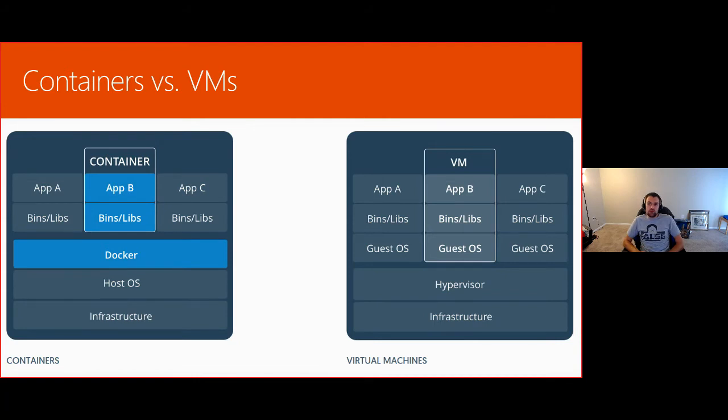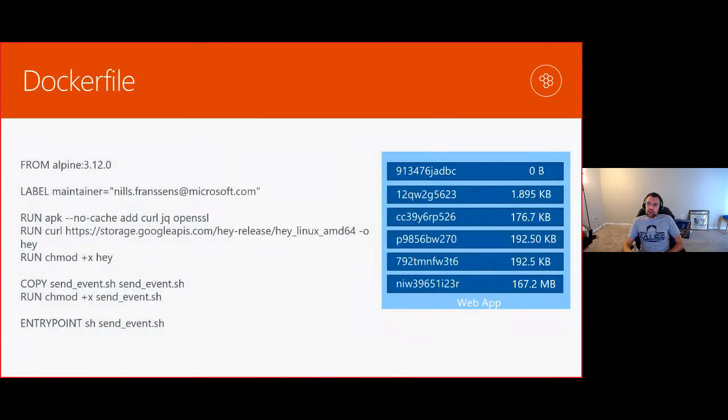Now, if we think about those containers, to build a container, we leverage something called a Dockerfile. And things will become a lot more clear in the demo that I will show in a second. But if we think about the Dockerfile, the Dockerfile is a set of instructions that we give to Docker, where we tell Docker what it has to do in order to build our application.